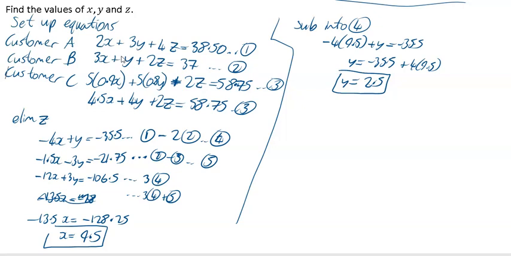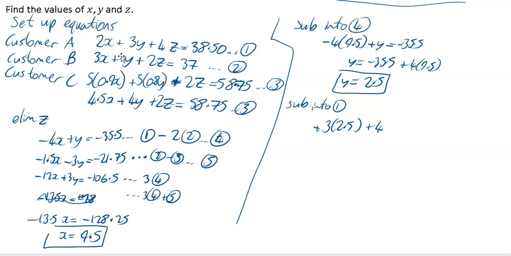We'll just put that back into equation 1. So sub both of those into equation 1. If you sub them both in, you're going to have 2x plus 3 times the y, which we now know is 2.5, plus 4 times, oh, sorry, that's not right. We've got our x already.